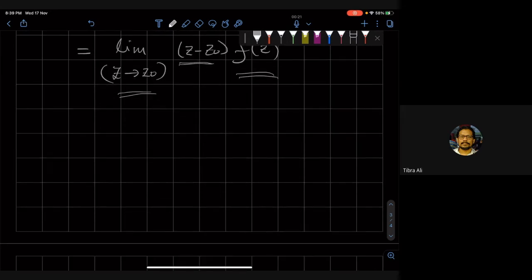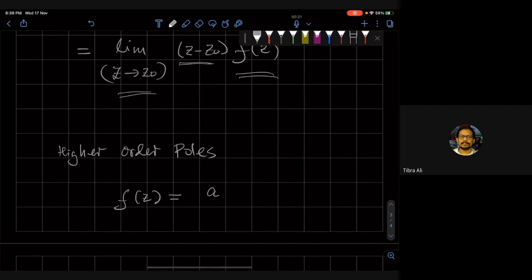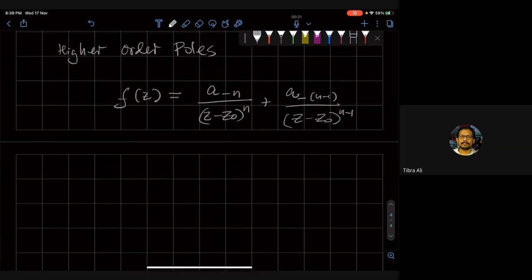But for higher order poles, there's a simple formula. Suppose that my function is f of z, and it has the expansion a minus n over (z minus z naught) to the n, plus a minus n plus 1 over (z minus z naught) to the n minus 1, and so on and so forth, right?